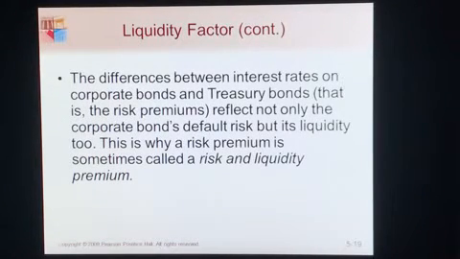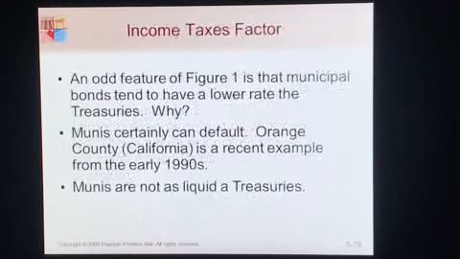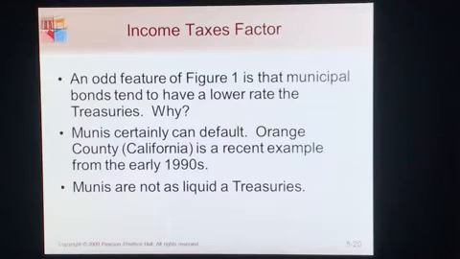The difference between the interest rate on the corporate bond and the treasury note, that is the risk premium, reflects not only the corporate bond's default risk but its liquidity too. This is why a risk premium is sometimes called a risk and liquidity premium. Now the third factor is the income tax factor.